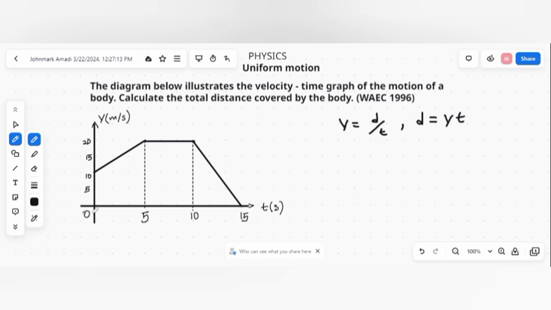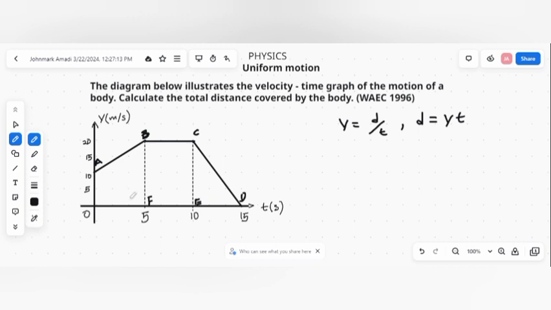Before then, let me label the shape. Here is already 0. At this point here, that is 10. I will label it A. And then this point here, B. And here, C. Here, D. And then here, E. And here, F. So I'm done labeling my graph.